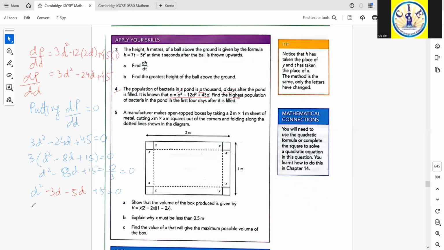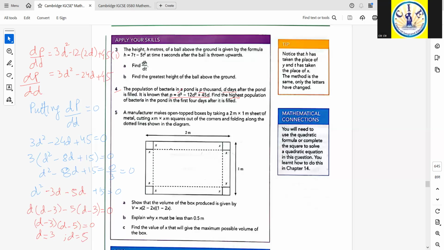So now let's combine these two. Taking d common, we get d minus 3, and from here we take 5 common, so it is d minus 3 again. That will give us d minus 3 times d minus 5 equals 0, which will finally give us d equals 3, and then d equals 5.